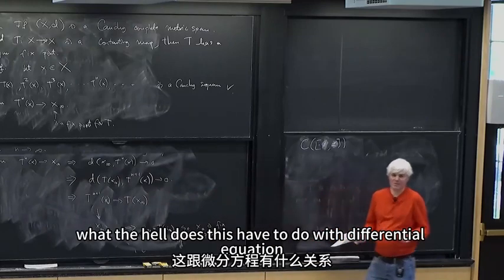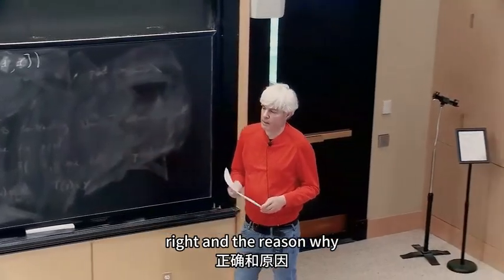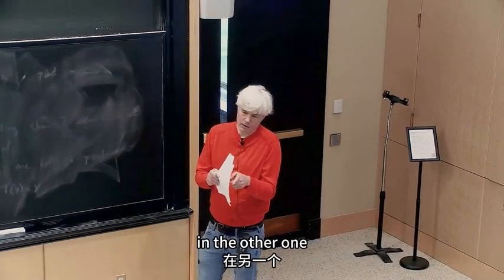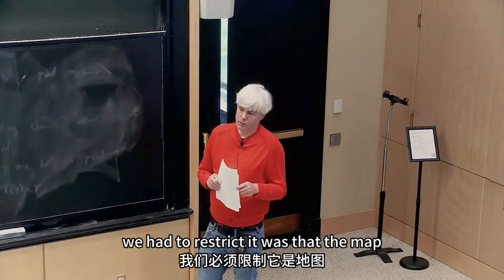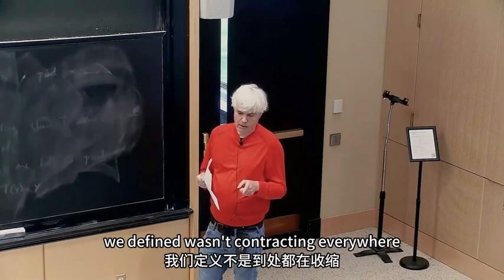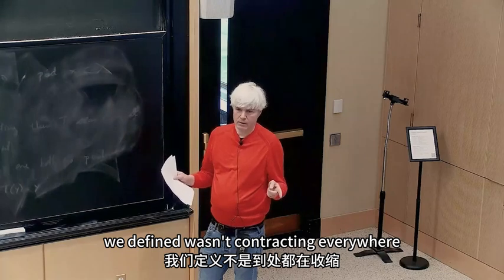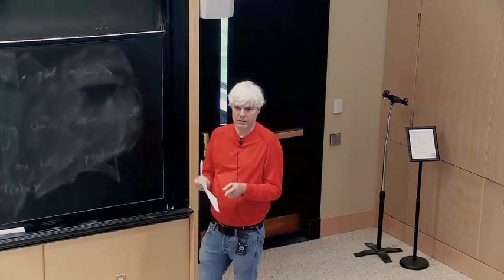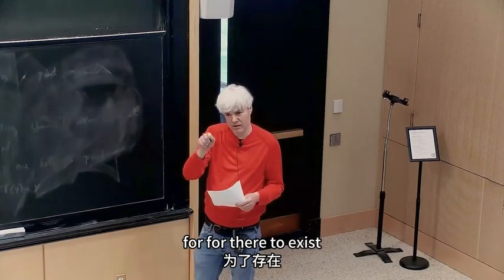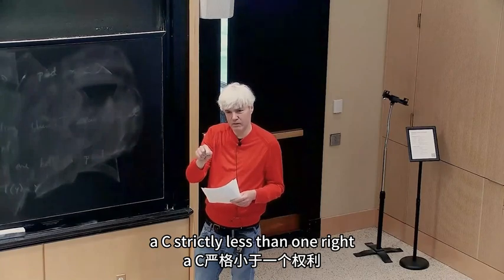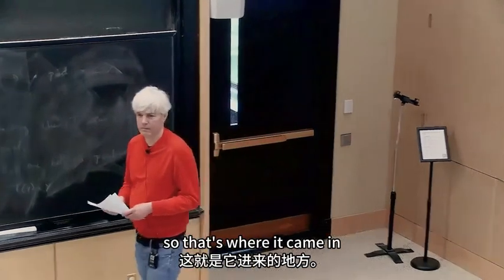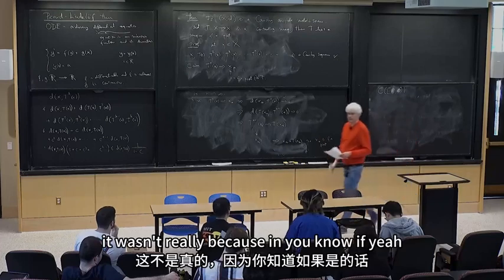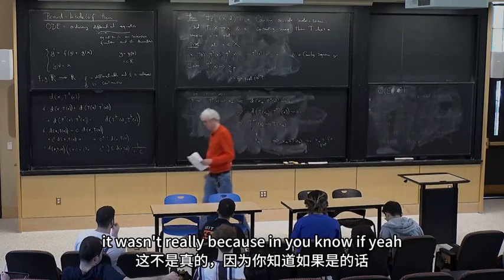What the hell does that have to do with differential equations, right? And the reason why in the other one we had to restrict it was that the map we defined wasn't contracting everywhere. It needed things to be pretty close initially for there to exist a C strictly less than 1, right? So that's where it came in.